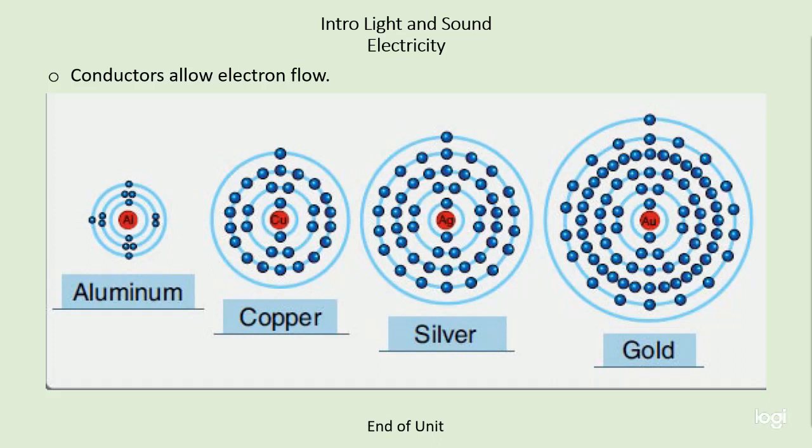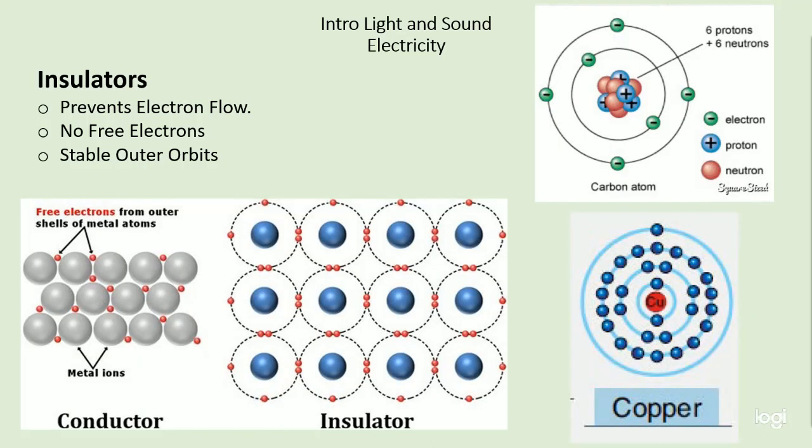How do we contain electrons? If we start to think about insulators, an insulator is just like insulation in your house. Insulation is what prevents the flow of electricity, prevents the flow of electrons. If the outer shell of an atom is filled, then it's very stable.